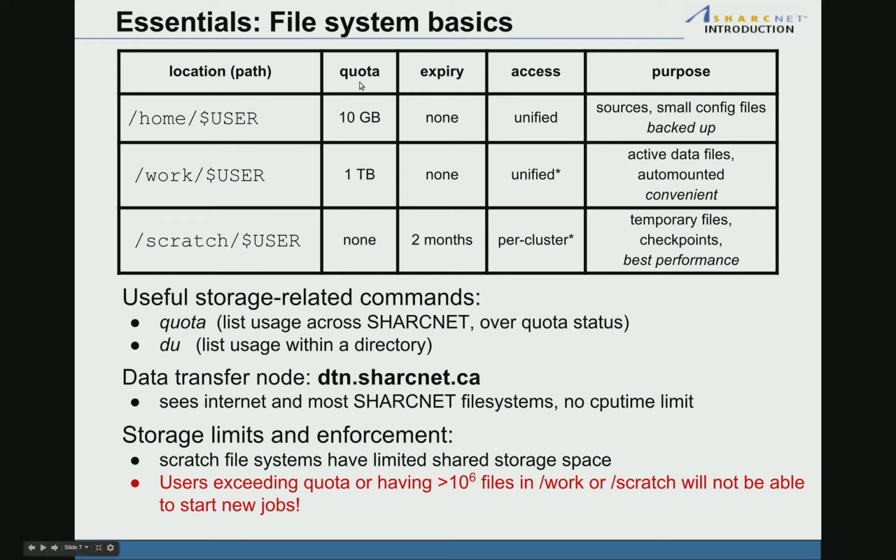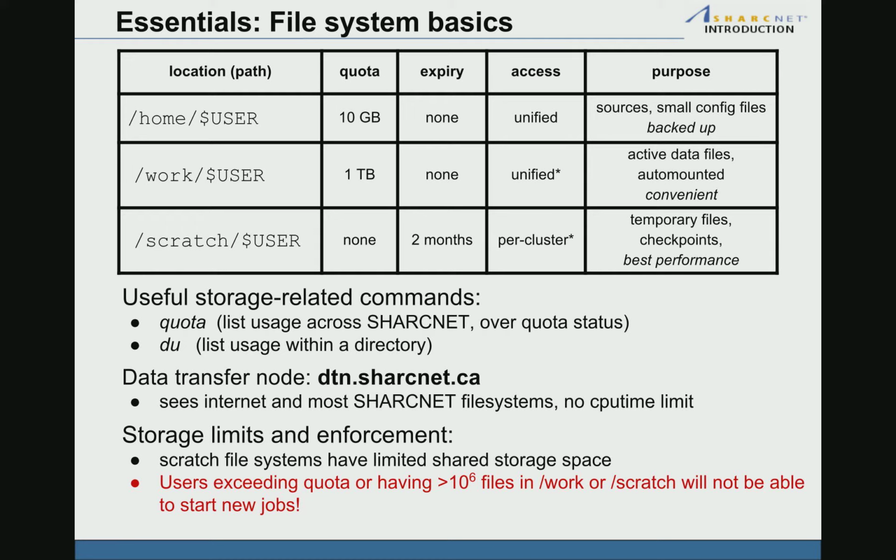The file system has a quota, that is the amount of storage that's available for a user in that space. For the home file system, there's currently a 10 gig maximum. In home, this is a hard limit, and that is if you put more than 10 gigs worth of data in this system, you'll begin to get write errors, as in there is no more space for you to write.